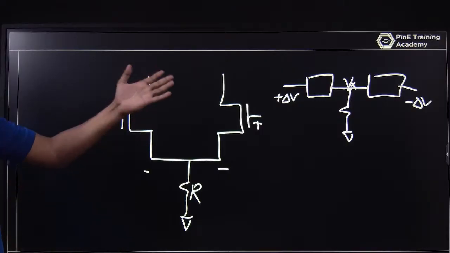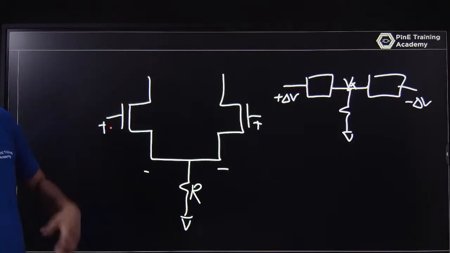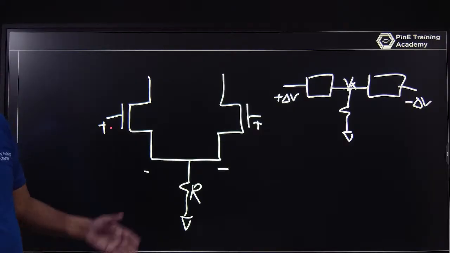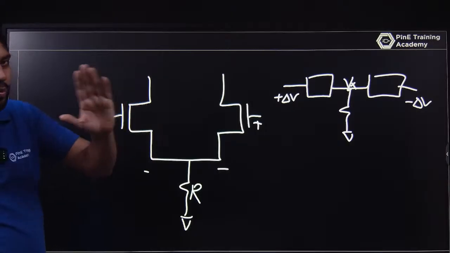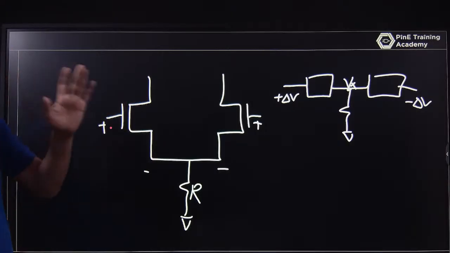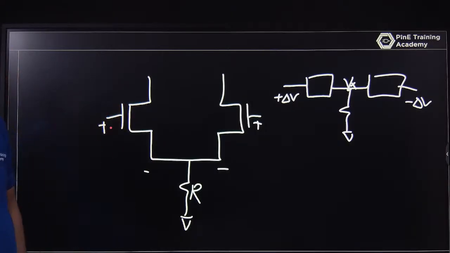If you have minus delta V, it will be symmetric from the other side. Let Vx be plus x for plus delta V, and for minus delta V it is minus x. So Vx becomes 0. It acts like a short circuit.